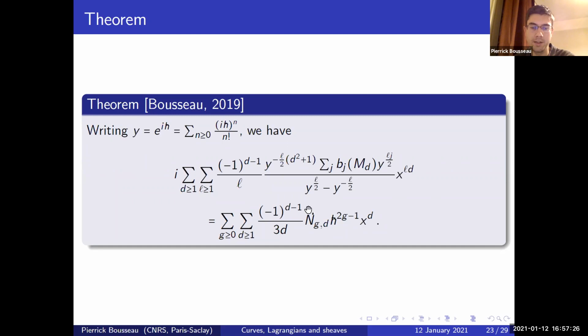I told you that on the Gromov-Witten side, there is a genus parameter. So here in the generating series, I've introduced a formal variable h bar, conjugate to the genus. And also on the sheaf side, there is some cohomological refinement. I'm looking at Betti numbers. And so there is a corresponding variable y in the generating series. And the claim is that to get an equality, you need to do the very non-obvious change of variable y equals exponential i h bar, which has no obvious geometrical interpretation.